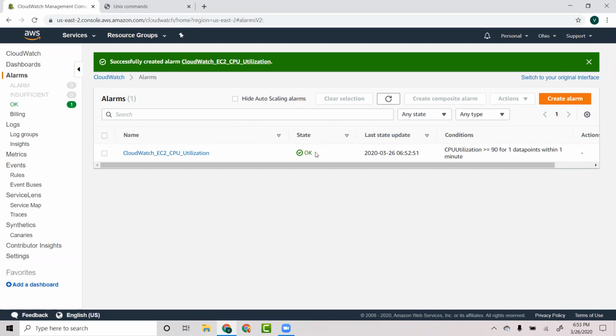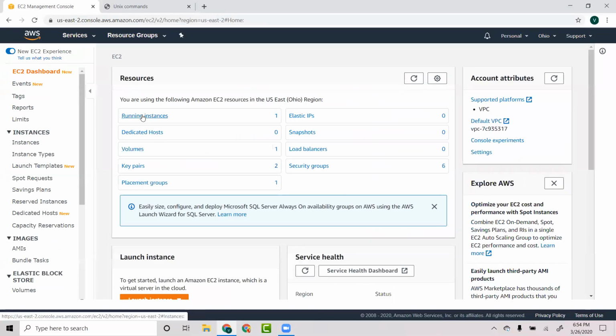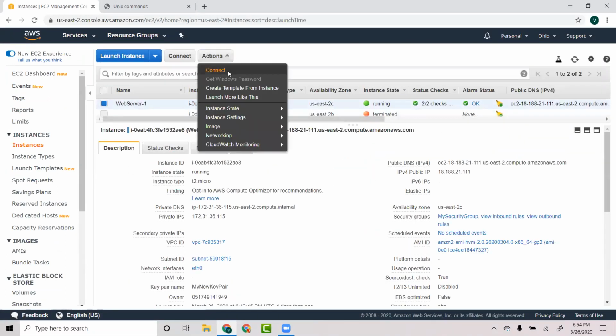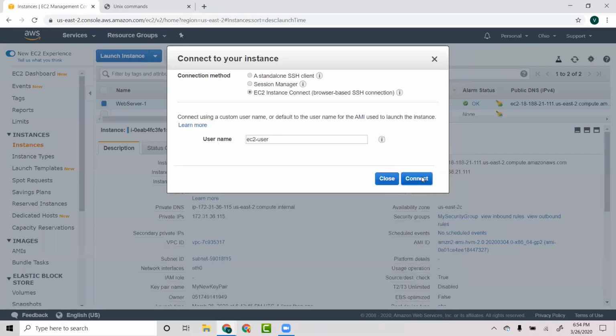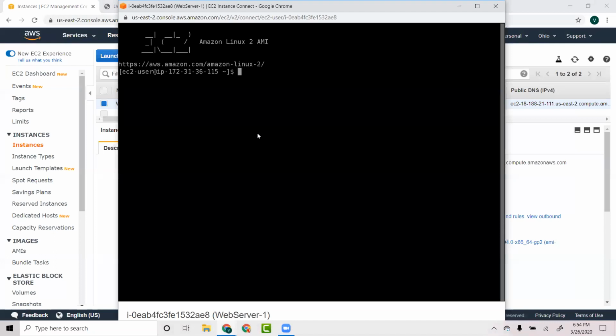Okay, let's break that. So let's log in to our EC2 instance. Web server 1, let's connect. And now I'm going to run the script that cranks up the CPU.